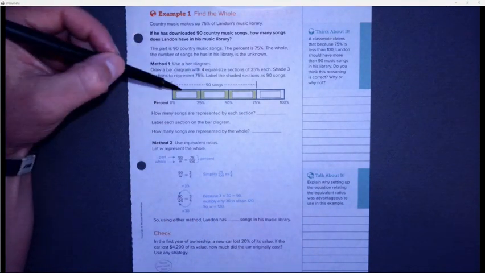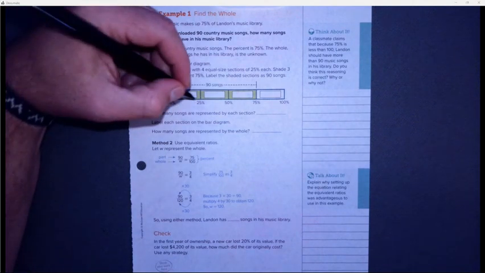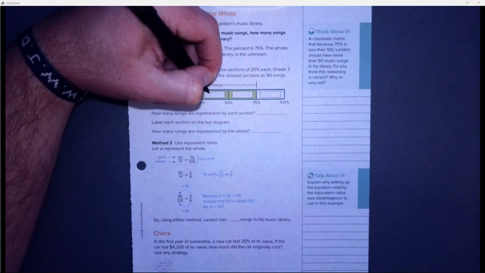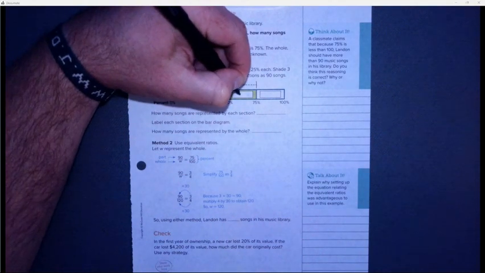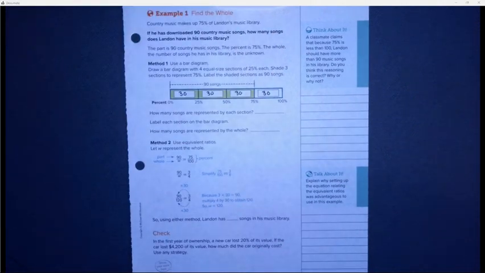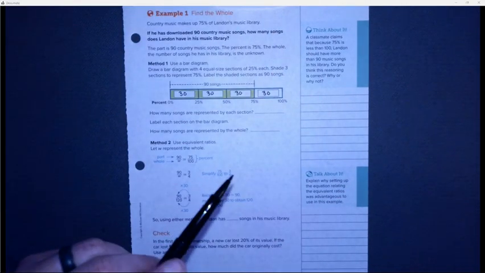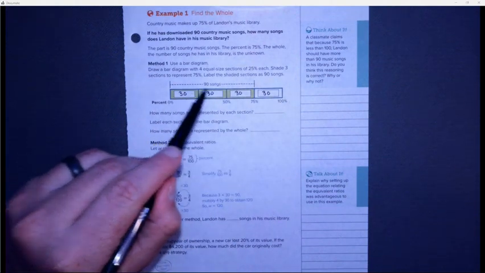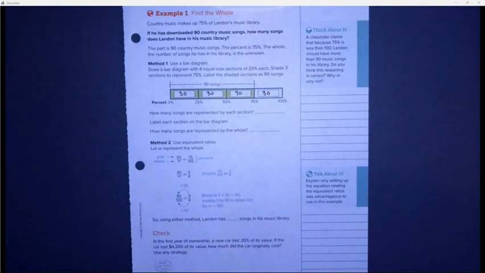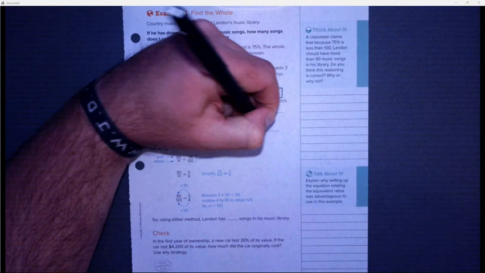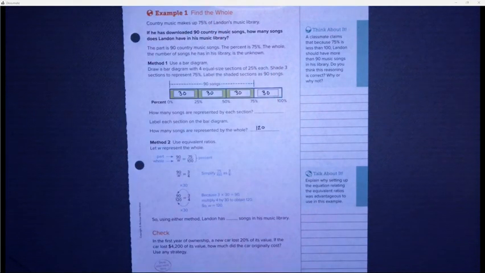So 90 divided by our 3 sections is 30. So that means each section is 30 songs. So if we wanted to look at the whole playlist altogether, we would have 4 sections of 30, and 4 times 30 is 120. So his playlist altogether is 120 songs.